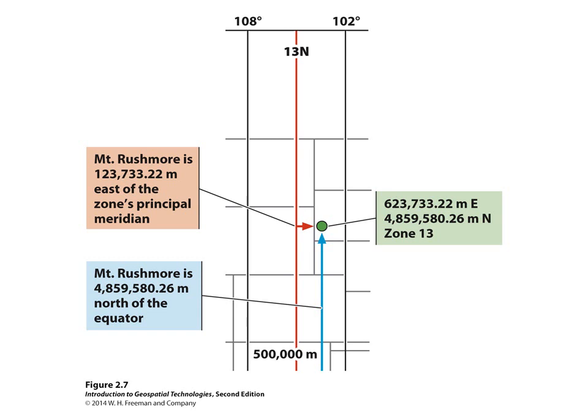That means it's to the right of the zone 13 principal meridian, and it's a certain distance north of the equator. Now, we know that the 13 north line is a specific distance from the prime meridian, so if we go back east, we take that number away from that, and from that we can work out the exact distance in terms of how far east it is and how far north it is, and it gives us our physical location on the 2D map.